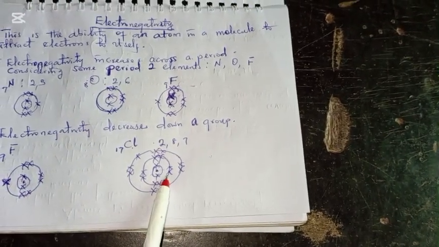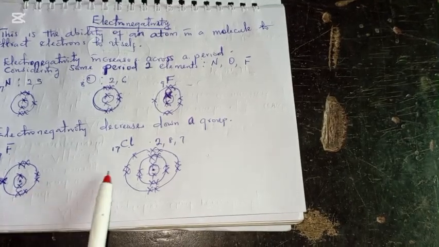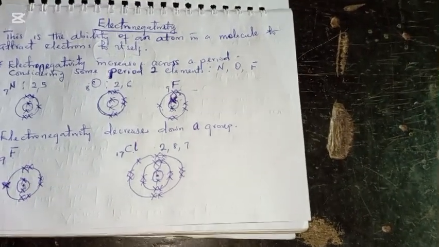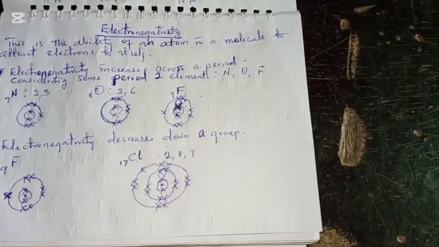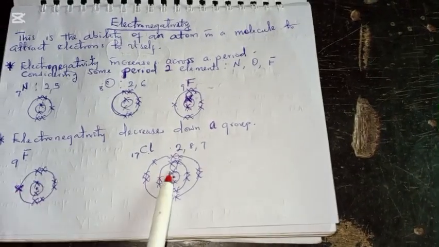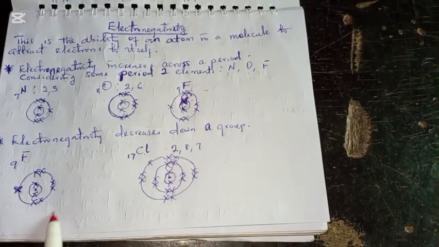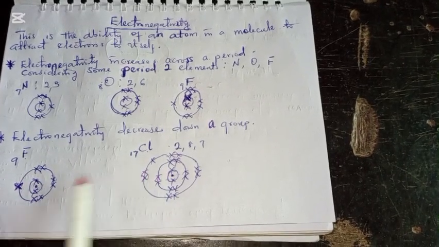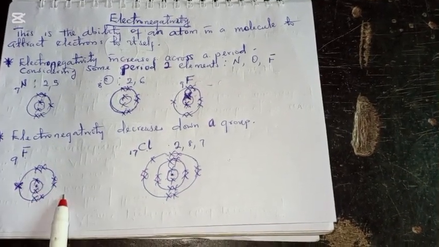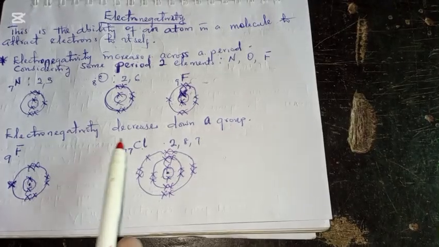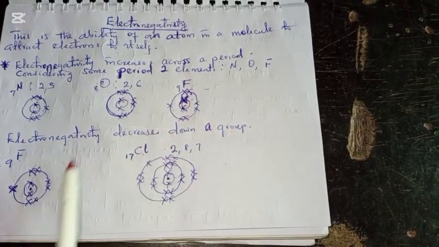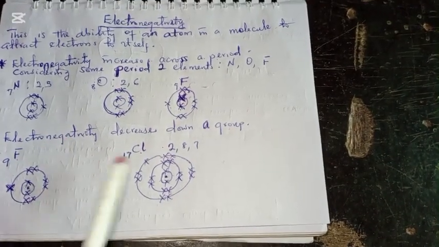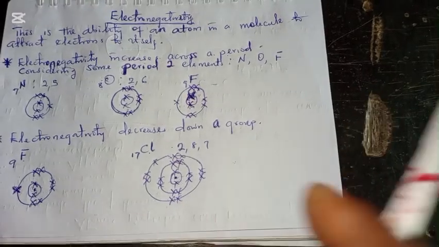On that note, since we have less and more, considering that trend, you notice that there's an increase in the energy required for fluorine and chlorine to attract electrons to themselves. Now, considering this is down the group, fluorine is above chlorine when you consider group 7 elements. That's the halogen family. On that note, we can say that electronegativity decreases down the group while electron affinity increases down the group.